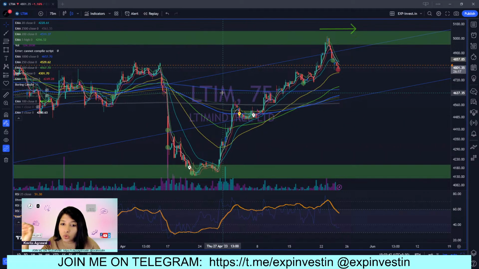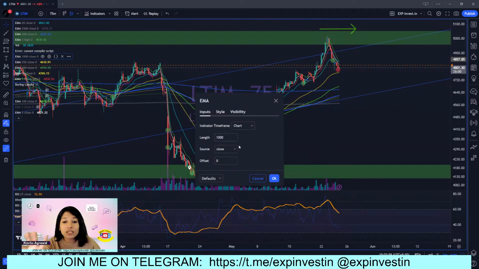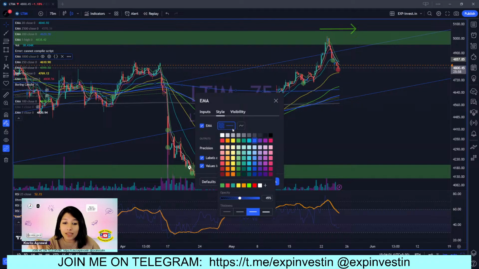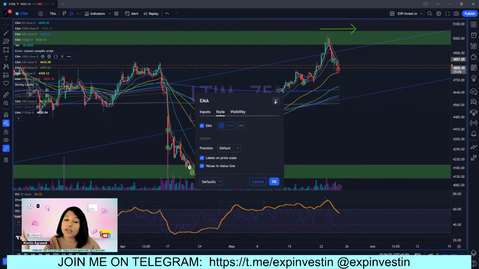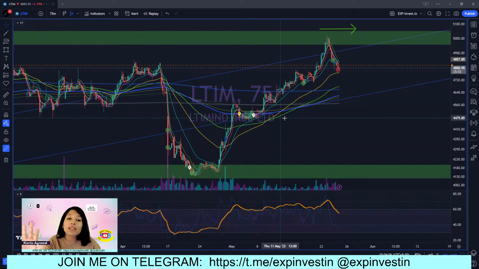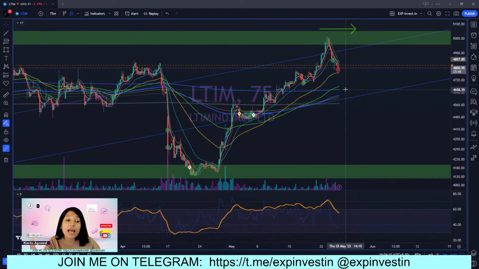And in order to reflect the daily time frame's 200-day exponential moving average on the 75-minute chart, I use an exponential moving average of 1000 period on the 75-minute time frame, and I give it the same blue color, but I make it thicker and more transparent so that it doesn't interfere with the analysis. But at the same time, I know while looking at the 75-minute time frame that there is a 200 EMA of the daily time frame.